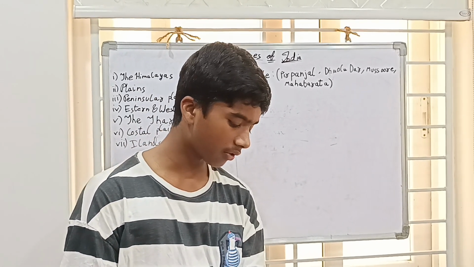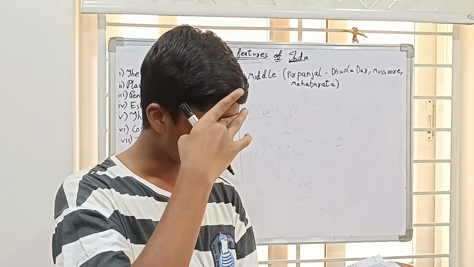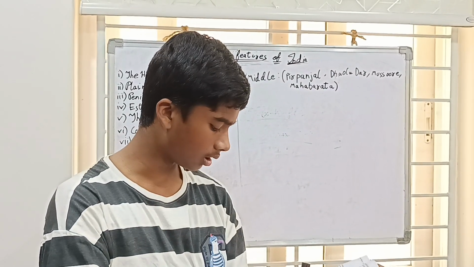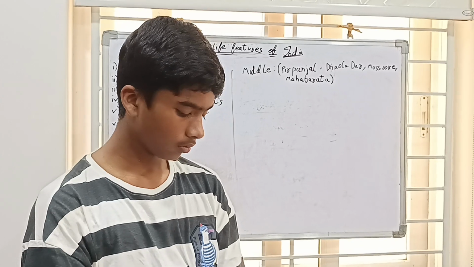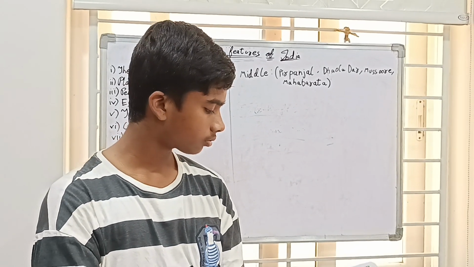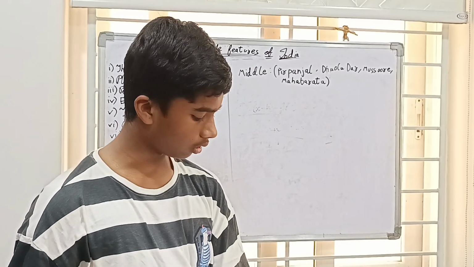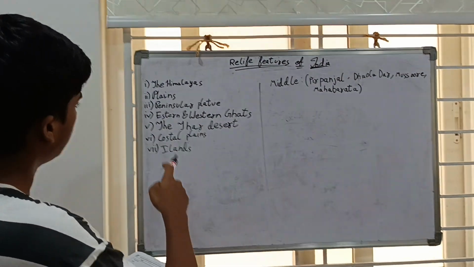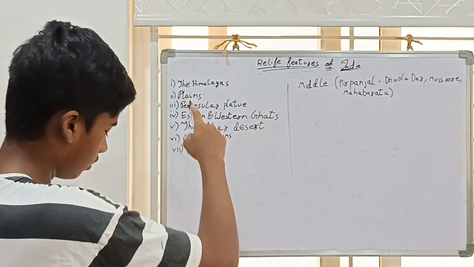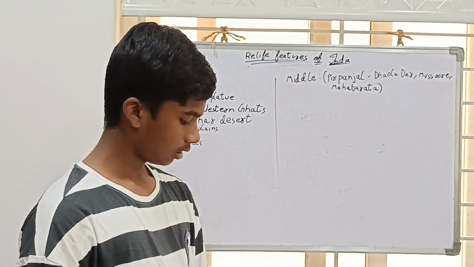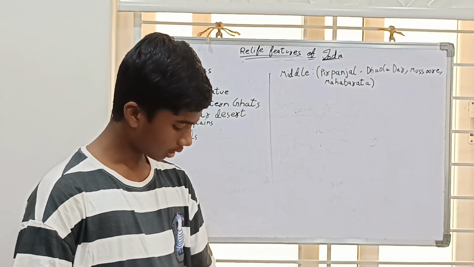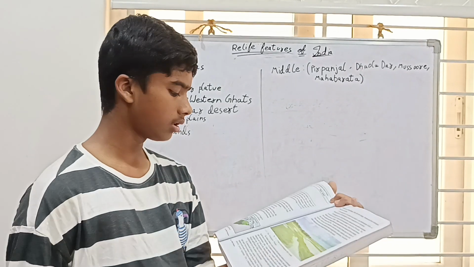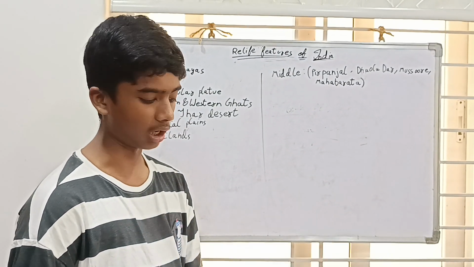The altitude of Shivaliks varies from 600 to 1500 meters. And now the Indo-Gangetic Plain. The Indo-Gangetic Plain comes under the plains, okay? It is nearby the Himalayas.